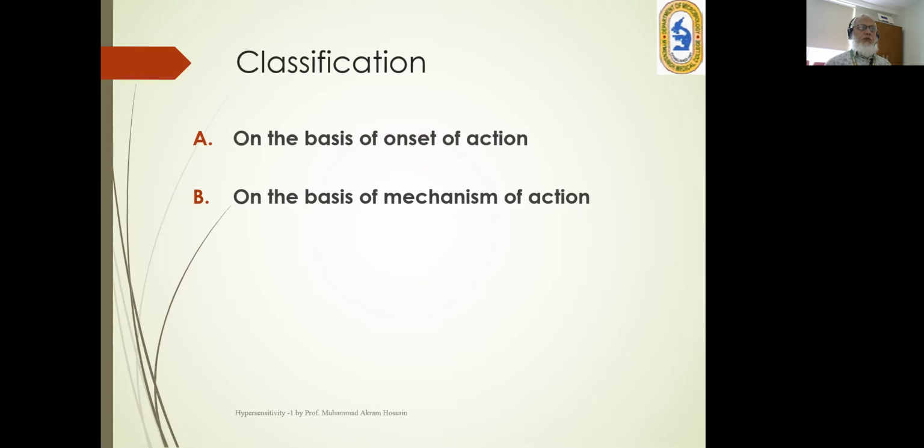We know the immune system acts in two ways: cell-mediated and antibody-mediated. So here also, which component is involved predominantly? And based on these two things, onset of action and mechanism of action, Coombs and Gell gave a combined classification, type 1, 2, 3, 4, like this.